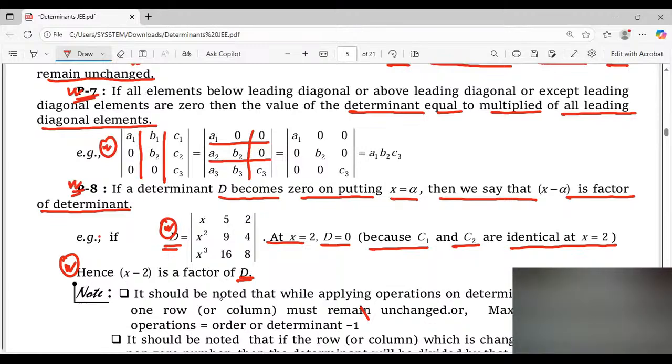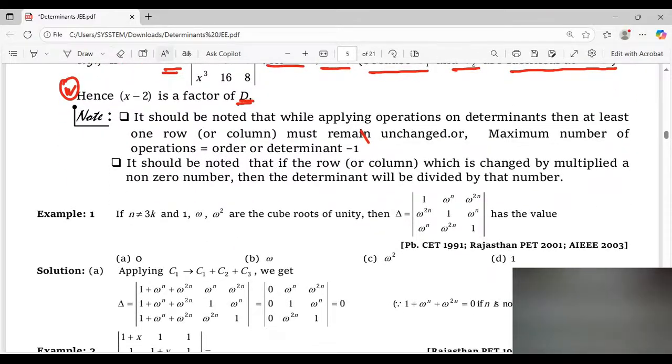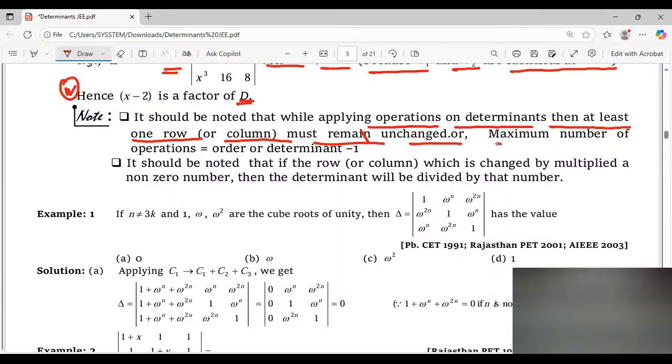It should be noted that while applying corresponding operations on determinants, at least one row or column must remain unchanged.